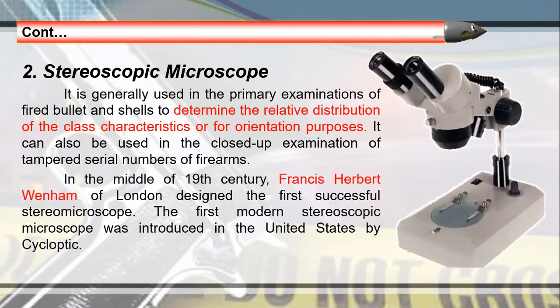In the 19th century, it was introduced by Francis Herbert Wenham, and the first modern stereoscopic microscope was introduced in the United States by Cycloptic. Hindi lang siya ginagamit sa firearms identification, but also ginagamit din siya sa fingerprint and all other fields such as questioned document, yung stereoscopic.